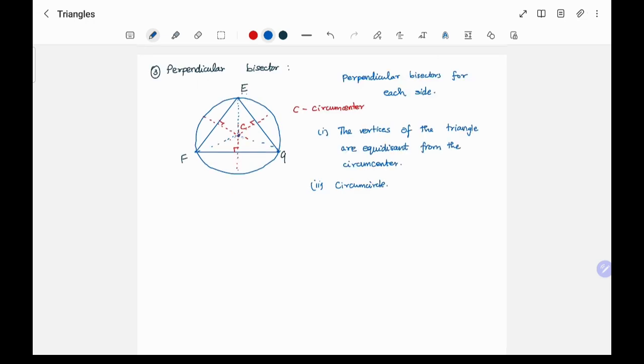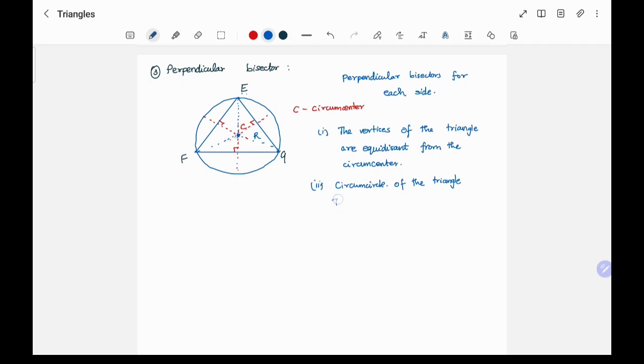So it is equivalent to saying that with C as center and EC or FC or CG as radius, we draw a circle. Then all the vertices pass through the circle. So it is easy to see that from C all these points are equal, and it is equal to the radius of the circumcircle. This circle is called the circumcircle of the triangle.